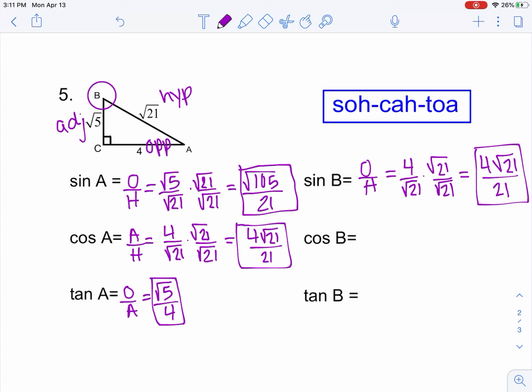The cosine of angle B, we take our adjacent side divided by our hypotenuse. So that would be the square root of 5 over the square root of 21. Rationalize our denominator. And we get the square root of 105 over 21.